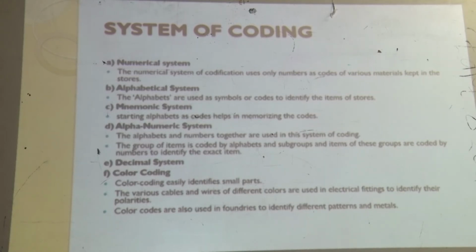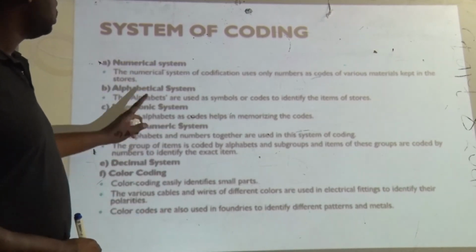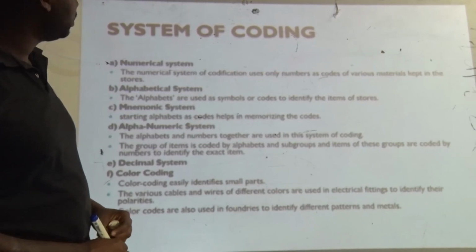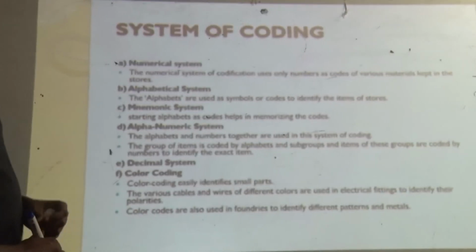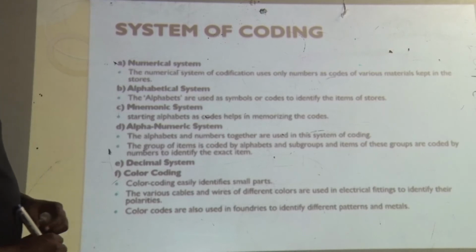In the alphabetical system, you are using letters when you are coming up with symbols or codes for particular items. You can decide to use alphabet or numbers depending on the organization. The other system is called the mnemonic system.